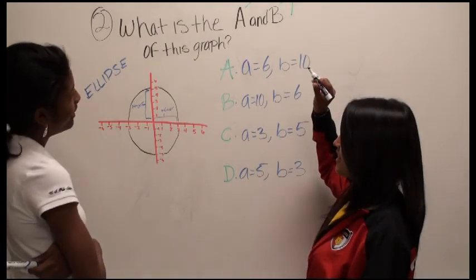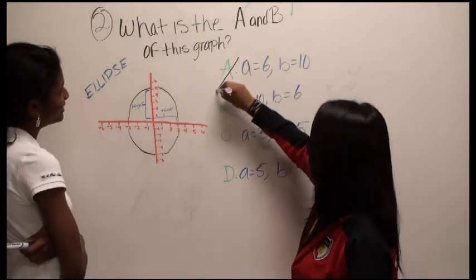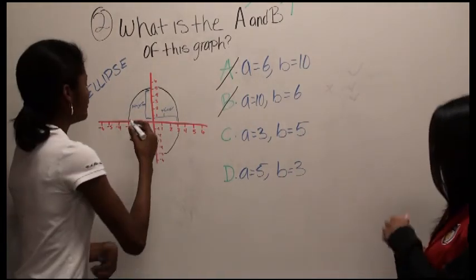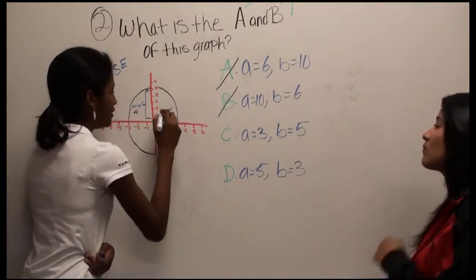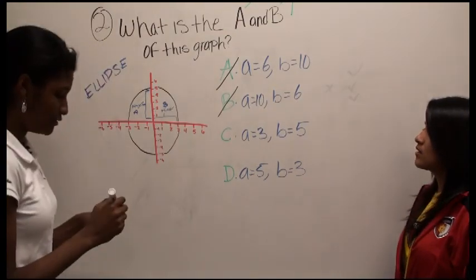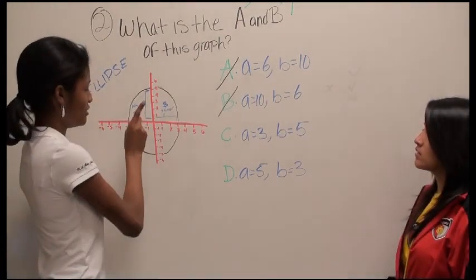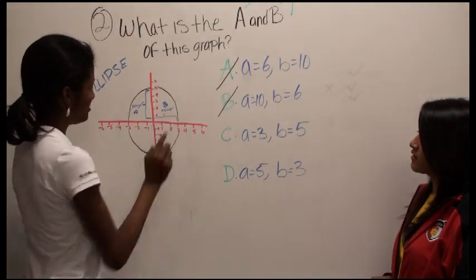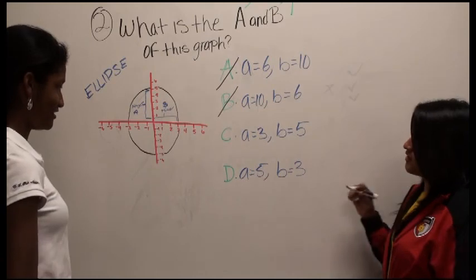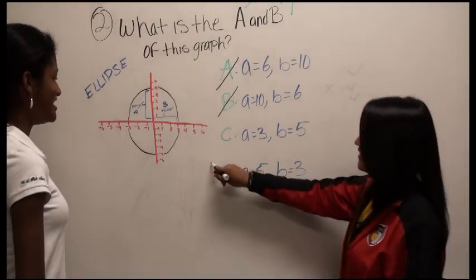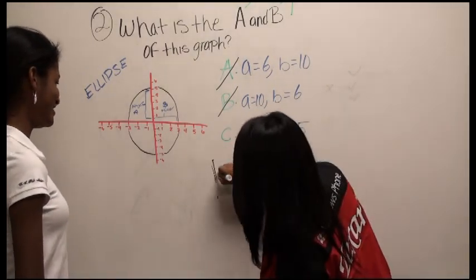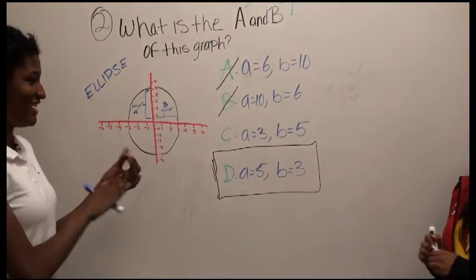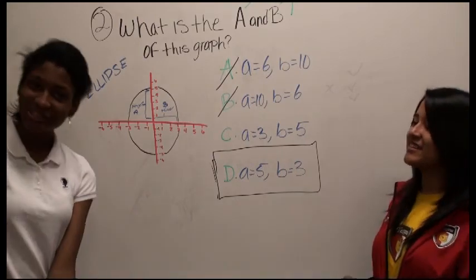So this means that A and B are not the correct answer. Oh, okay. Alright, now let's see. We've already identified our major as A and our minor as B. So that means A has to be 1, 2, 3, 4, 5. And B has to be 1, 2, 3. So that just leaves us with D. Yay! Alright, let's move on to question 3.